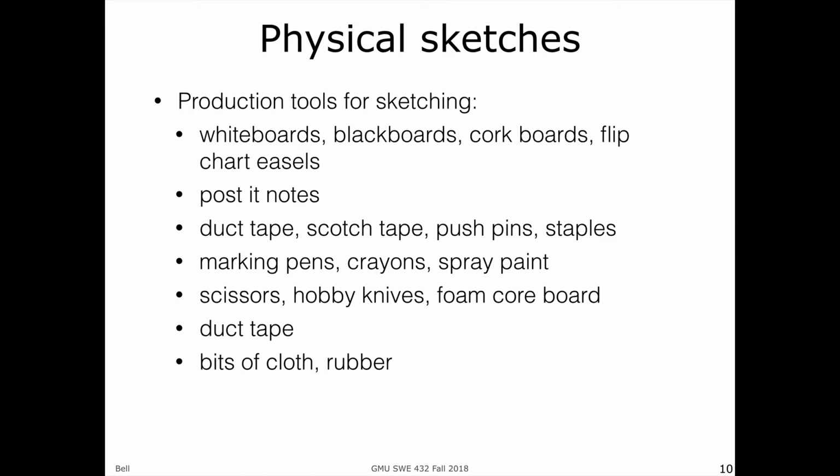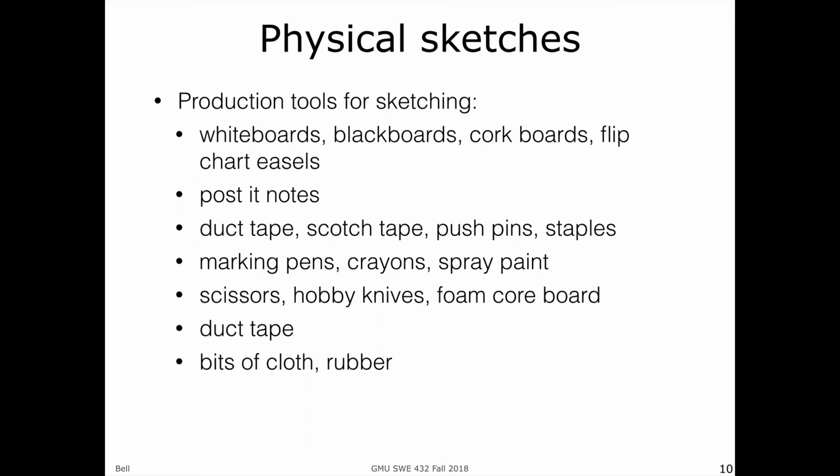For building physical sketches, there are lots of different kinds of tools that you could use. Oftentimes, there's software that does this too, but frankly, sometimes just doing things by hand can be the easiest, using things like whiteboards or blackboards, flip charts, Post-it notes, tape, pens.